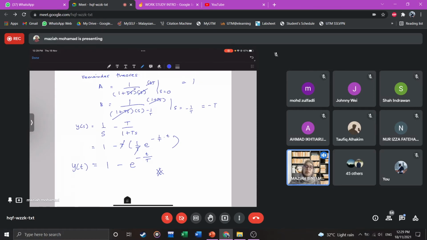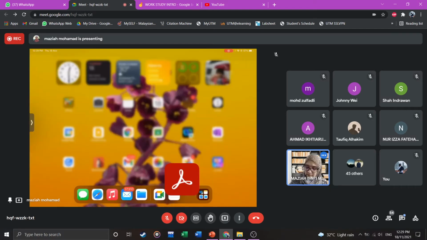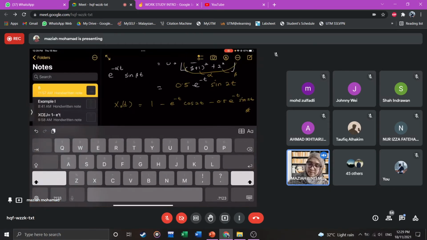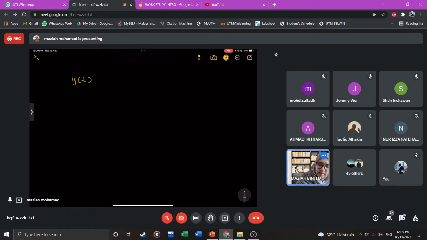All right, since this is the equation, let's draw it. The equation is y(t) equal to 1 minus exponent negative t over tau.